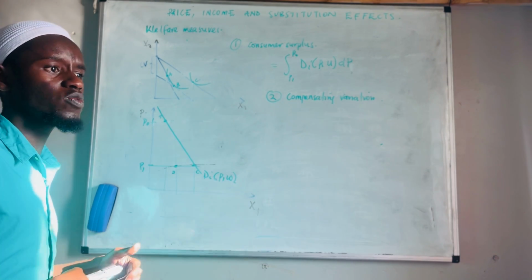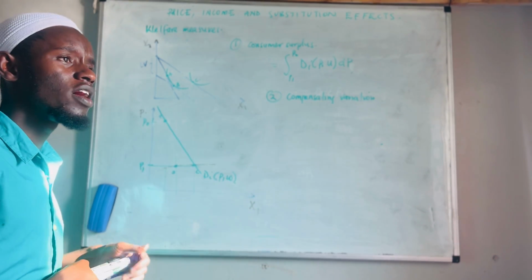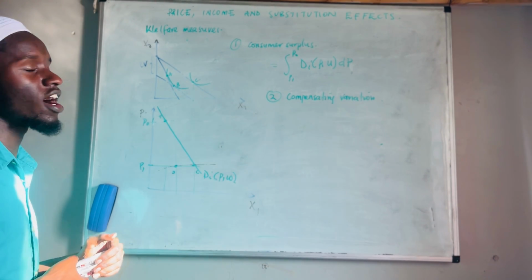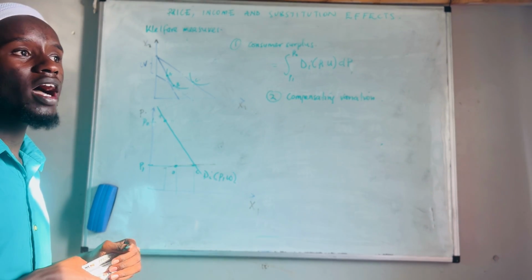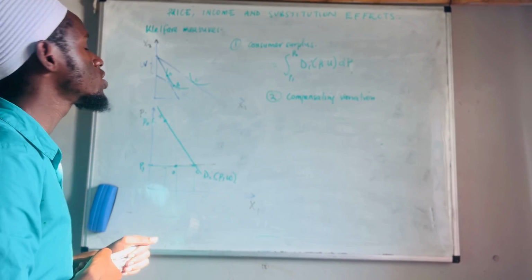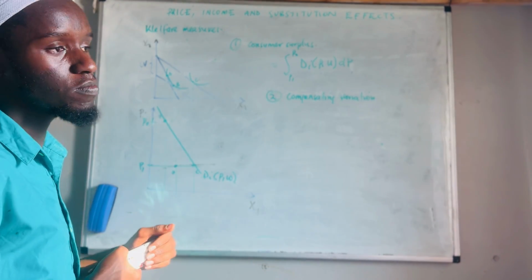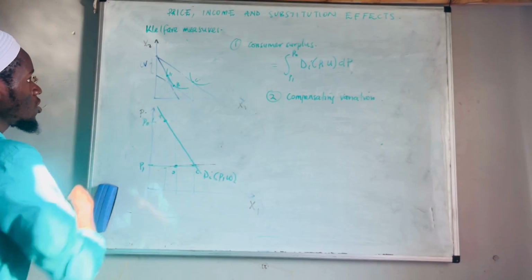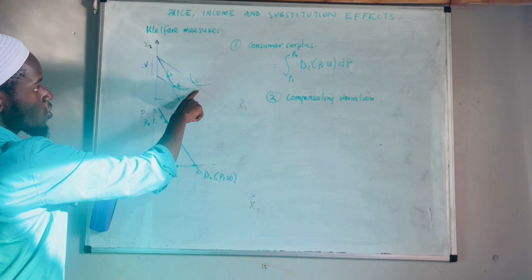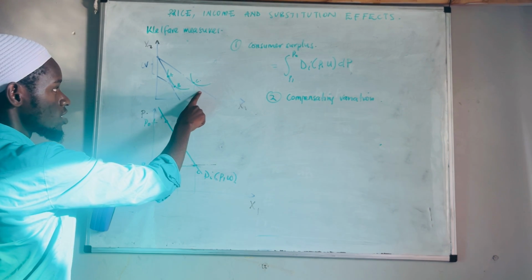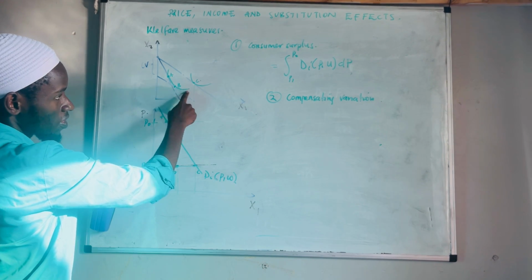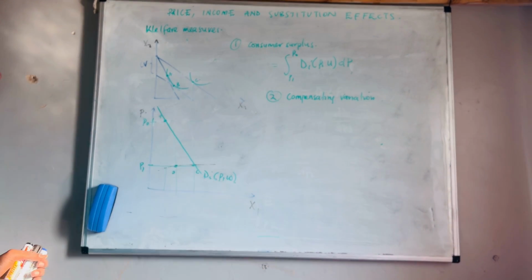As one has more income, his employer has to reduce that money income so as to put him back on the original indifference curve he was on before. Therefore, the compensating variation refers to the amount of money income that the consumer has to be reduced by, so as to go back to the initial indifference curve. That is what we call the compensating variation.